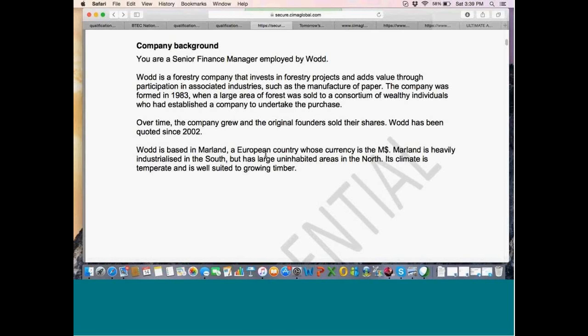In the third paragraph, we see another glaring one: the currency is in M dollars, right? Now M dollars means this is a forex issue coming in, okay? They've got a lot of products, they've got certain transactions happening, they talk about pulp and stuff like that.